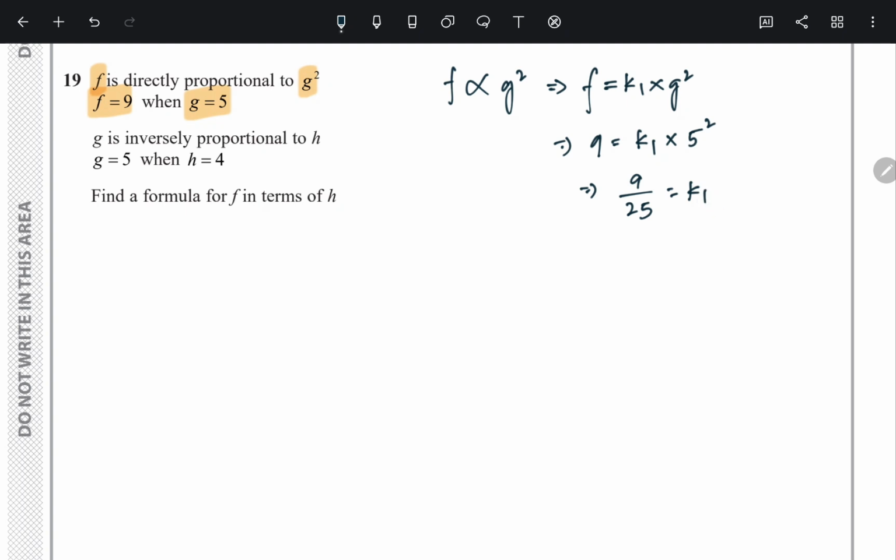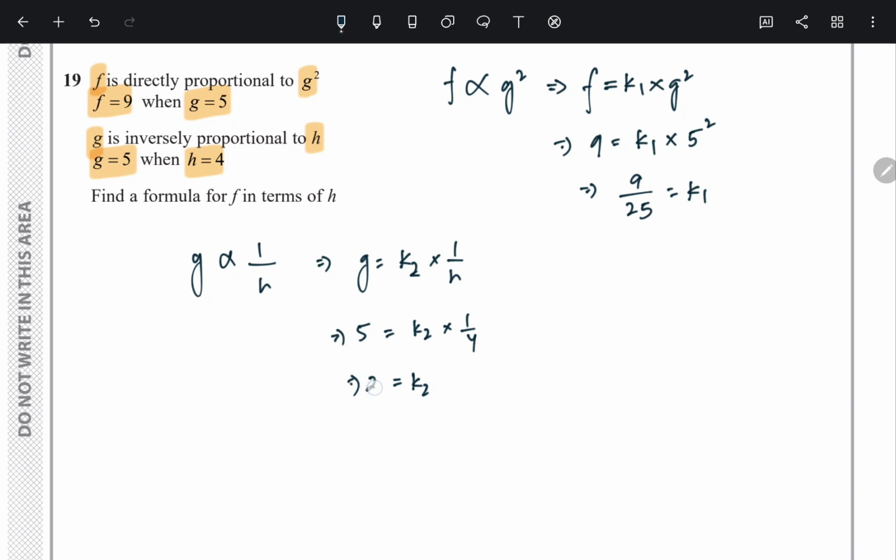And g is inversely proportional to h, and when g is equal to 5, h equals 4. So we can write g is k2 times 1 by h, and g is 5 when h is 4. All right, k2 is going to be 20.